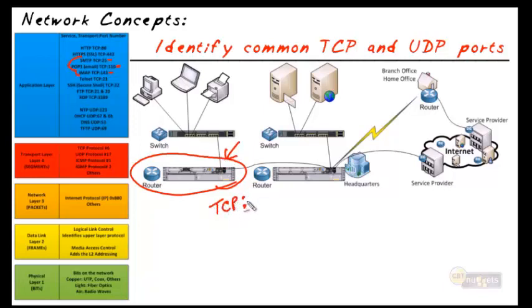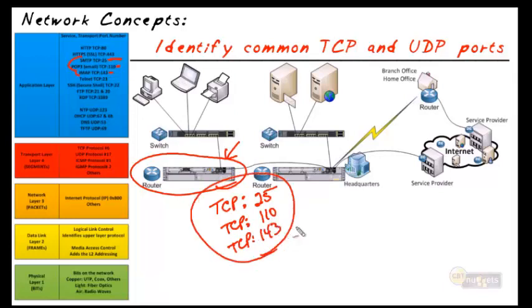Well, any traffic trying to go to TCP port 25, that would block SMTP. And any traffic going to TCP port number 110 and also TCP port number 143. That'd be a good start. Is that the only way? Are there other possibilities for people squeaking email by? The answer is yes. They could use a non-standard port, but that would be a very, very good start.